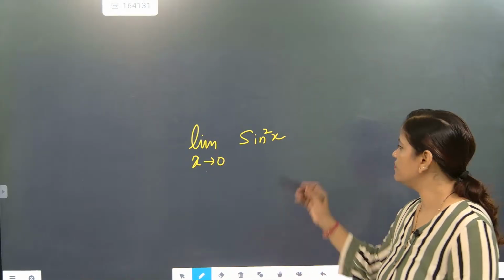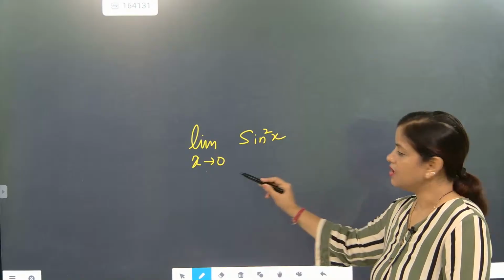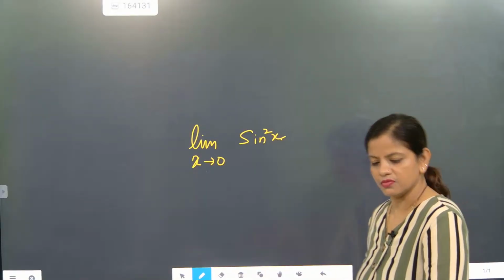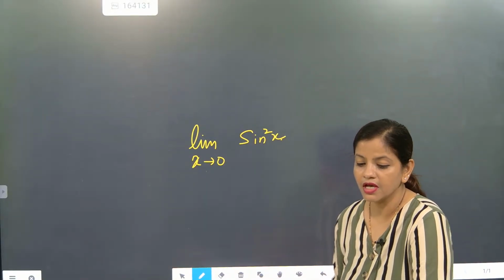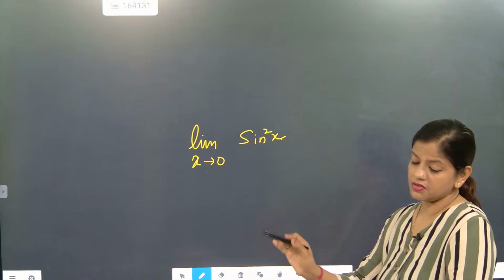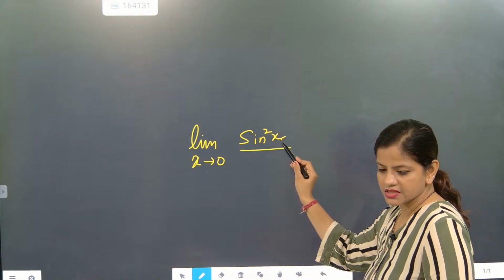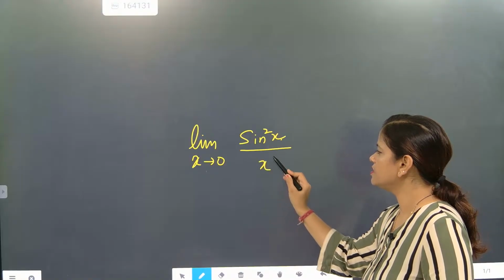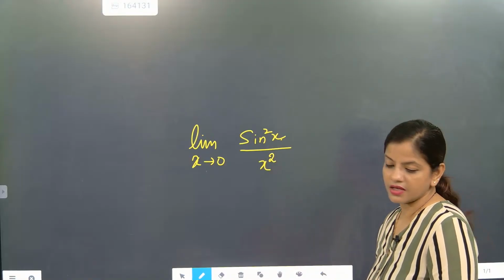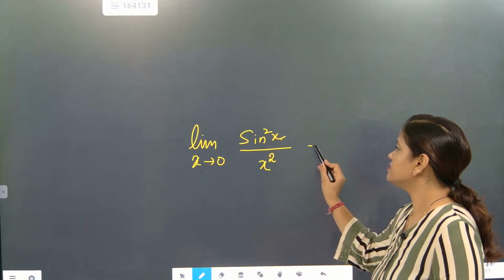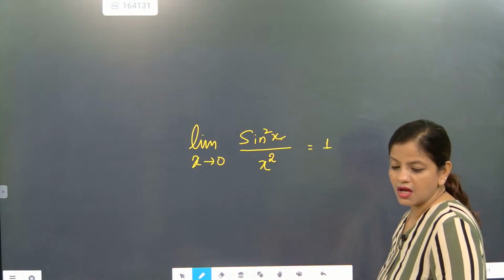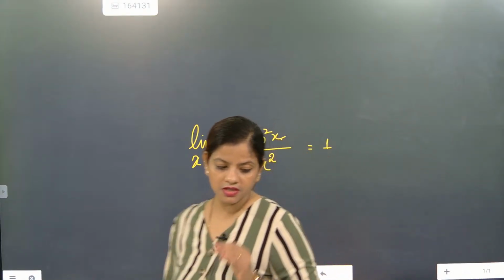You will say, we will do only one thing: we will put 0 here, and the answer will come 0. This is acceptable. But in the middle of questions where many things are present, if it is sine square x, then down it should be x square, then the answer will come as 1. How is it possible? Let me teach you this.